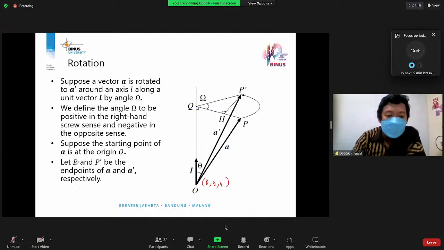Let P and P prime be the endpoints. This is the point P, and this is the point P prime.